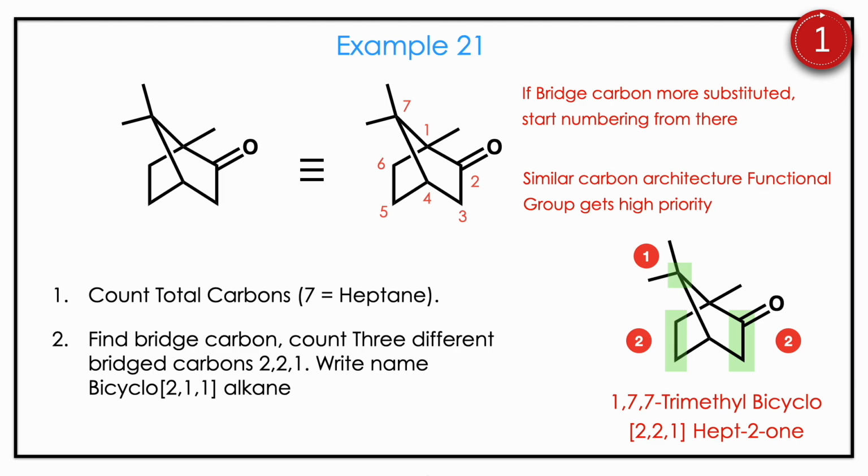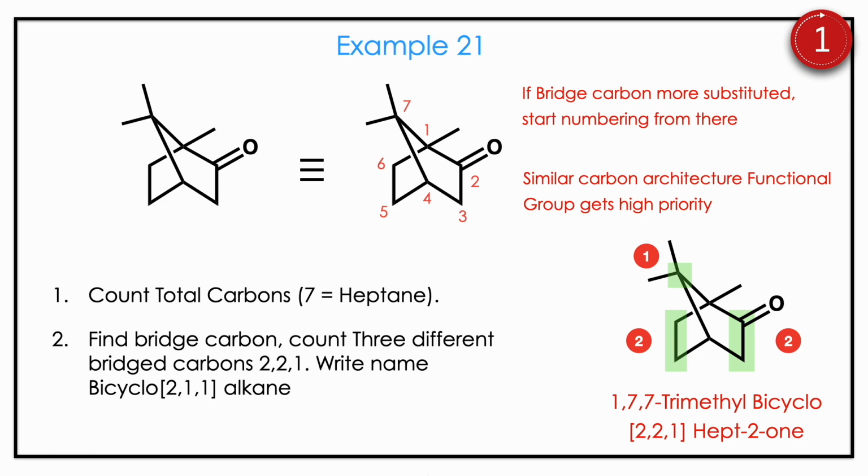Then the last example, you have a bicyclic system with ketone and methyl group. If you look at the numbering, the parent carbon count is 7, so it will be a heptane system. It has one functional group, carbonyl. So the numbering, if you start from the functional group side, because it has similar carbon architecture, 2 gets ketone and methyl gets 7th position.